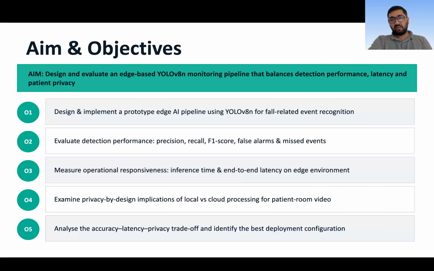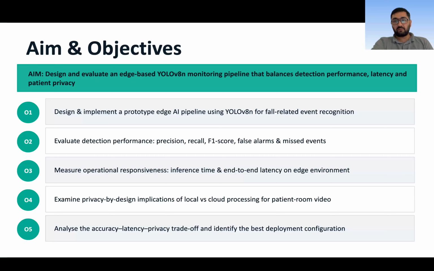My aim was to design and evaluate a lightweight edge AI monitoring pipeline using YOLO version 8 Nano that balances detection performance, latency, and patient privacy. I had five specific objectives. One: design and implement a prototype edge AI pipeline for fall related event recognition.